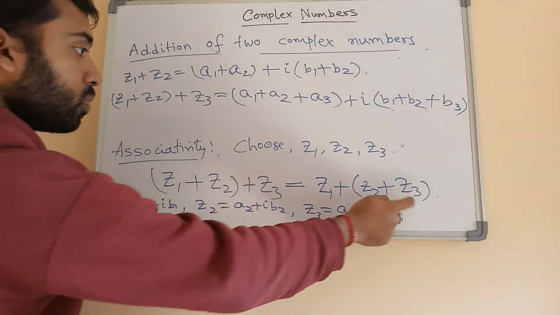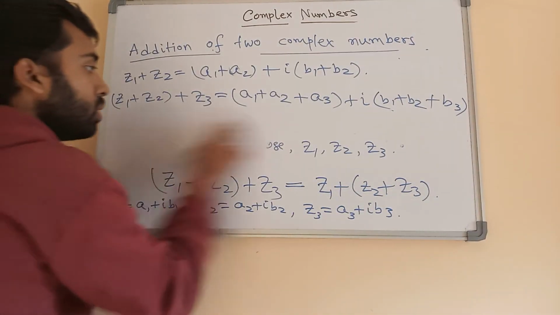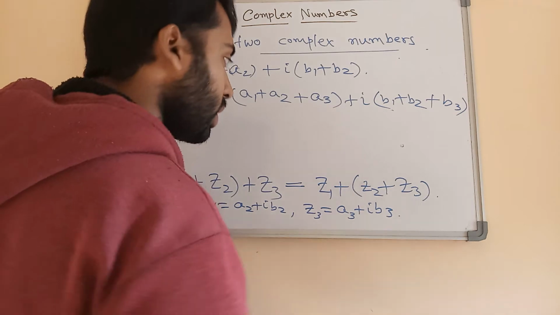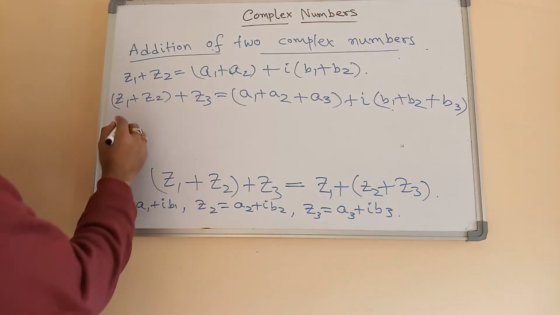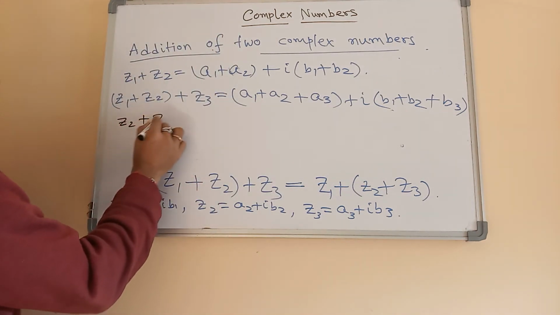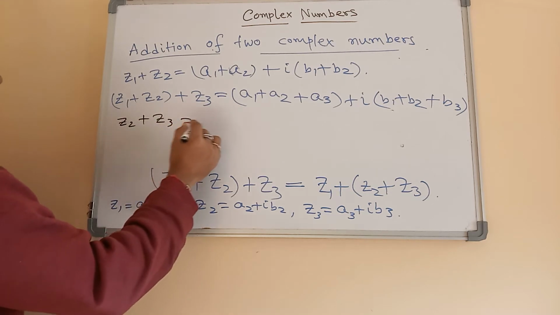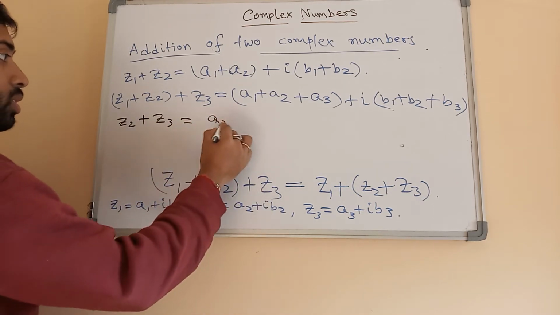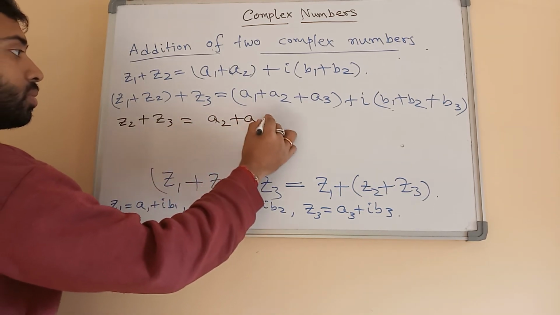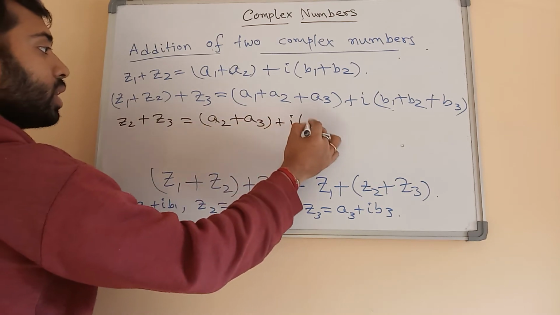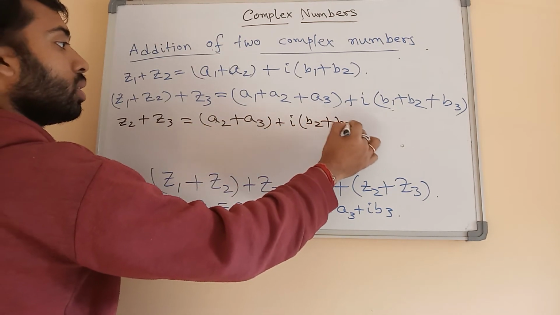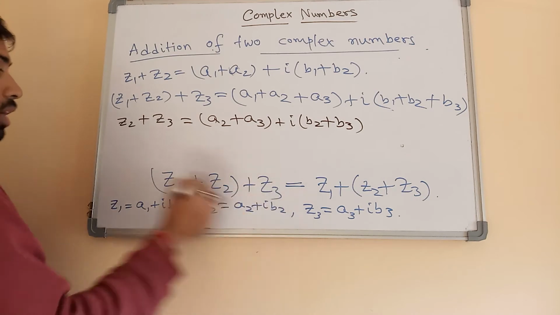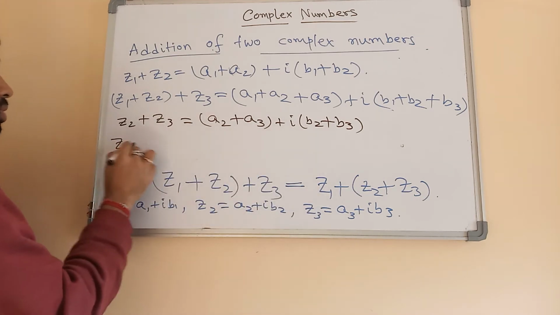Now we have to do the right hand side. The right hand side is first perform Z2 plus Z3. That is A2 plus A3 plus i times B2 plus B3. Then I have to do the addition with Z1.